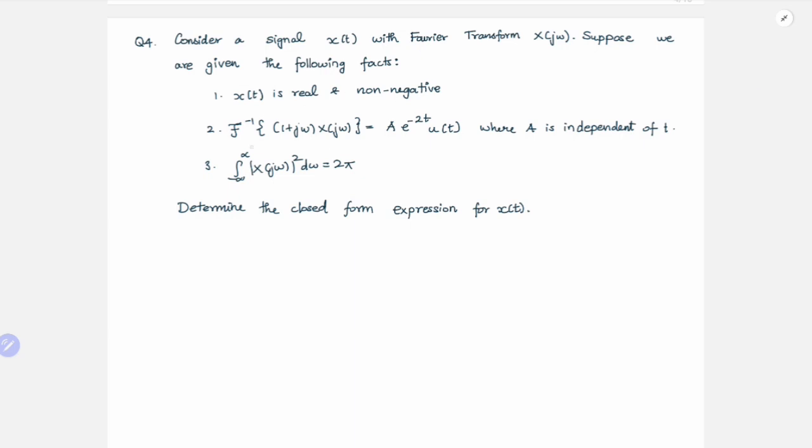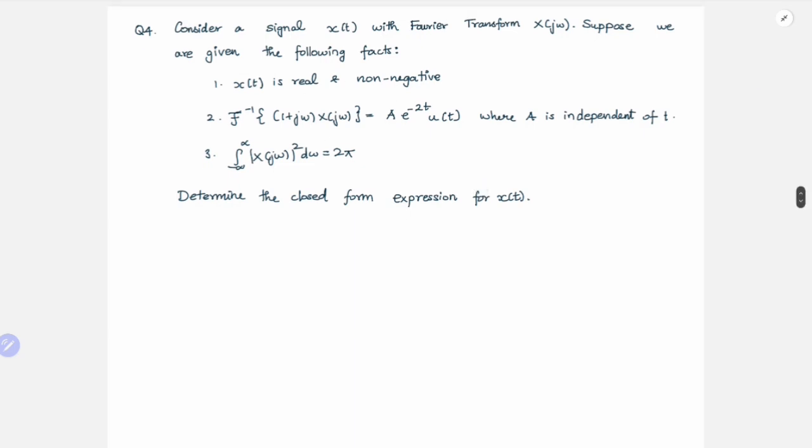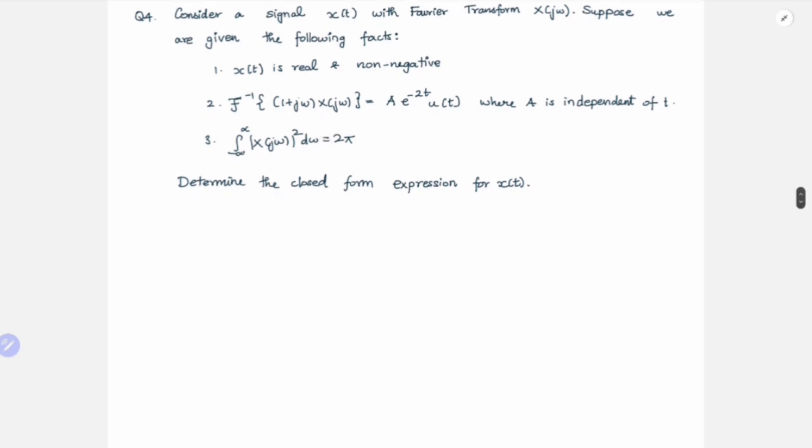So let us go one by one and see what we get. The first condition given is x of t is real and non-negative. For now we can't say much about it. So let us move on to the second condition. The inverse Fourier transform of 1 plus j omega x of j omega is a e power minus 2t u of t. So a e power minus 2t u of t has a Fourier transform of 1 plus j omega into x of j omega.